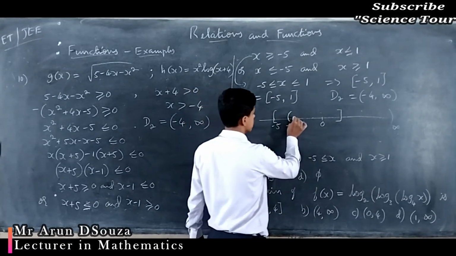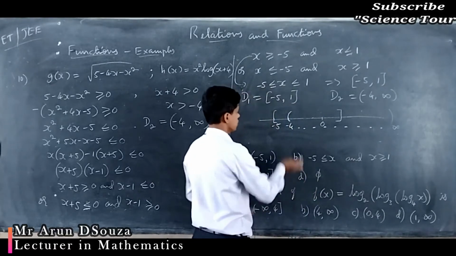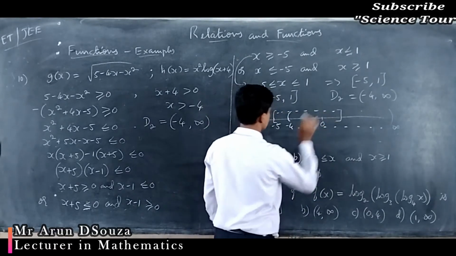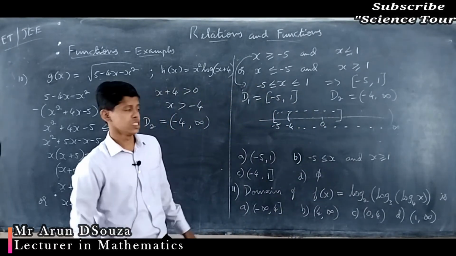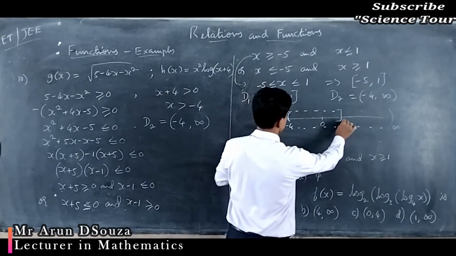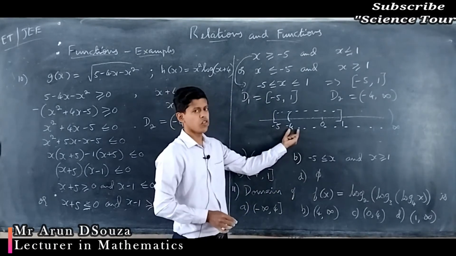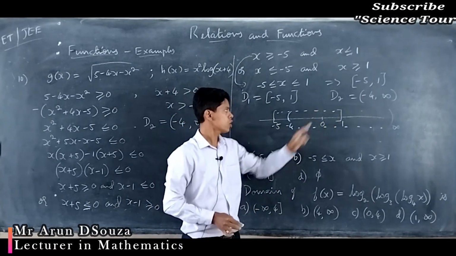So one region is this, and the second region is this. Now what is the common region? This is 1. Right. The common region is between minus 4 open and 1 closed.